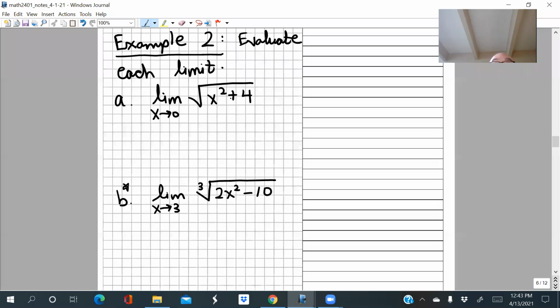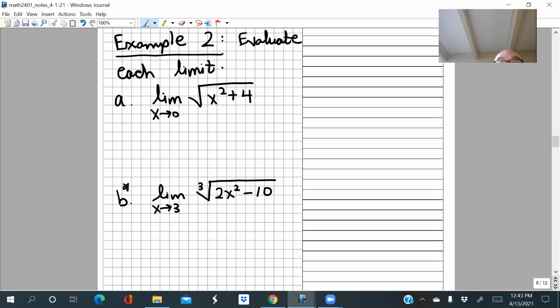Now, these functions are a little bit more complicated, at least their expressions are, but they're still continuous functions. The square root of x squared plus 4 is not quite a polynomial function. X squared plus 4 is a polynomial, but when you take the square root, that's no longer a polynomial function, but still, this is a continuous function. Most of the functions that we're dealing with in the class are going to be continuous, at least for every number in the domain of the function.